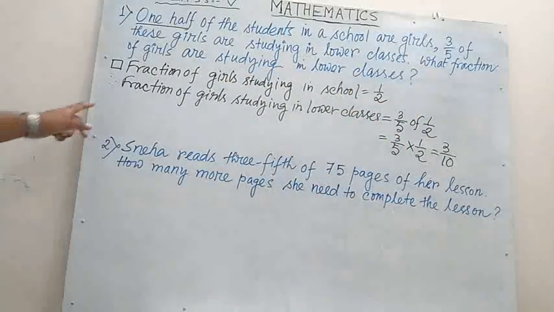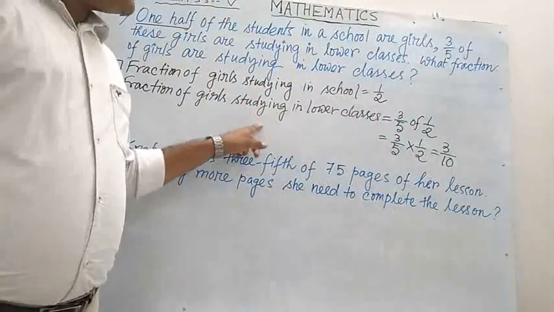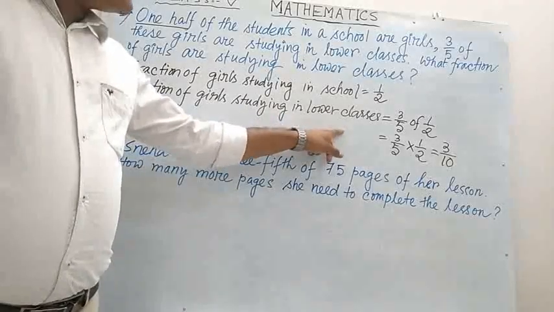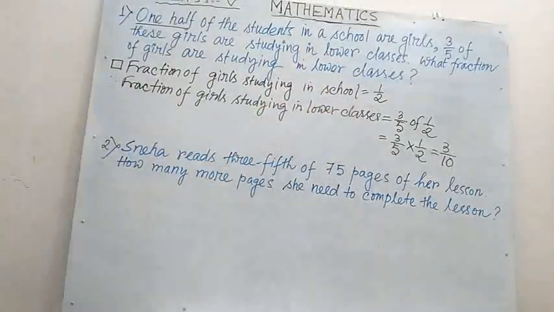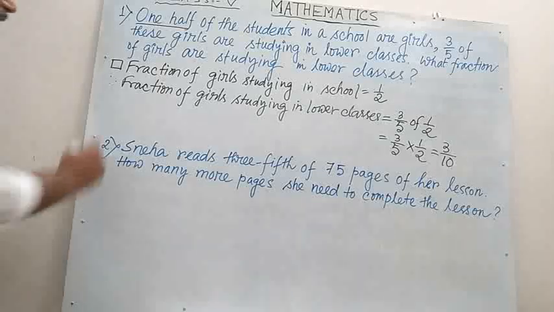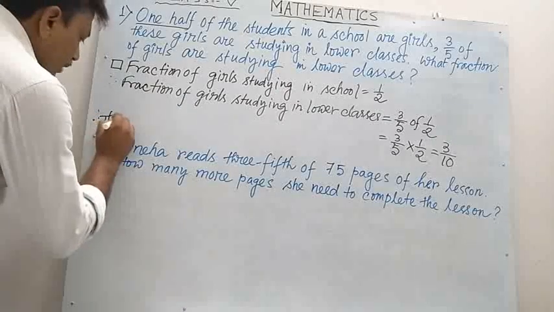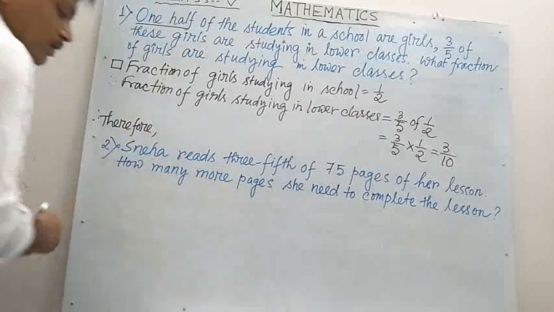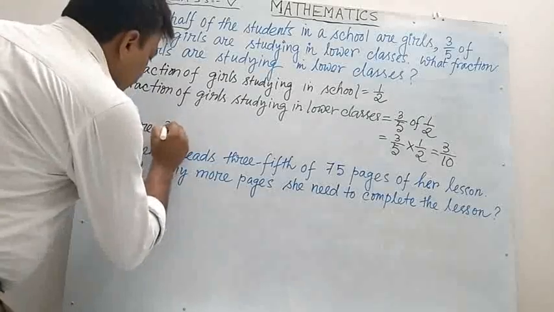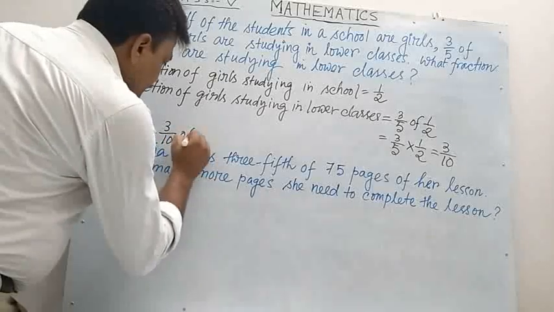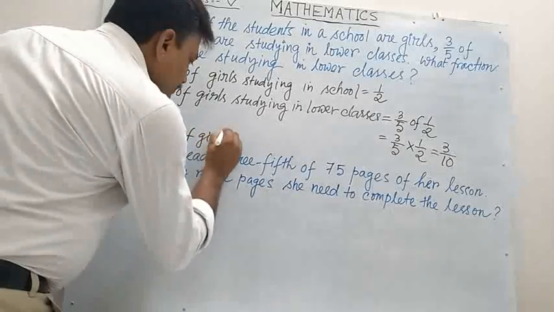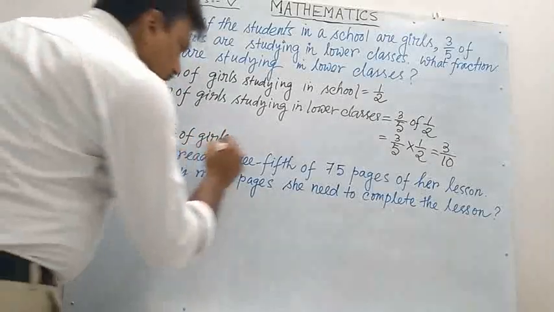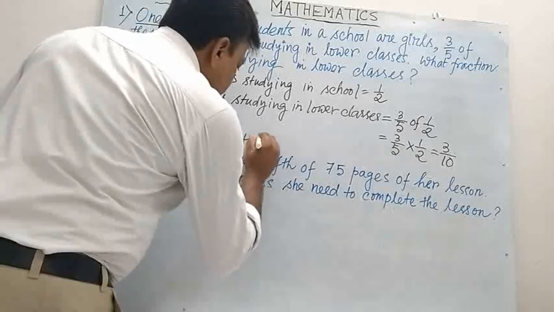So the fraction of girls studying in lower classes equals 3/10. So therefore, write the conclusion. Therefore, 3/10 of girls are studying in lower classes.